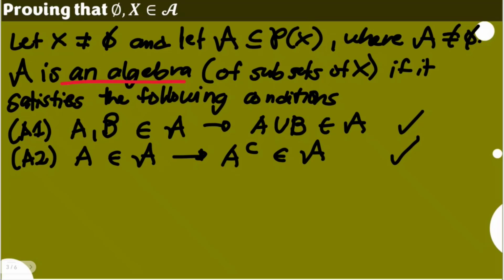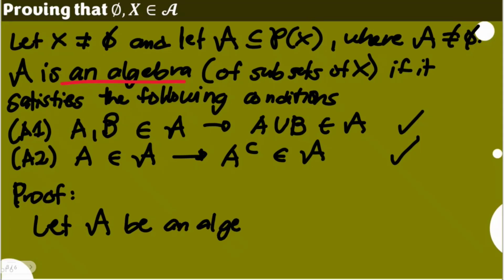So first, let us have our proof. We of course let script A be an algebra. Any of these two conditions may be used in our proof in showing that both the empty set and the set X are elements of your script A. Let's start with this.